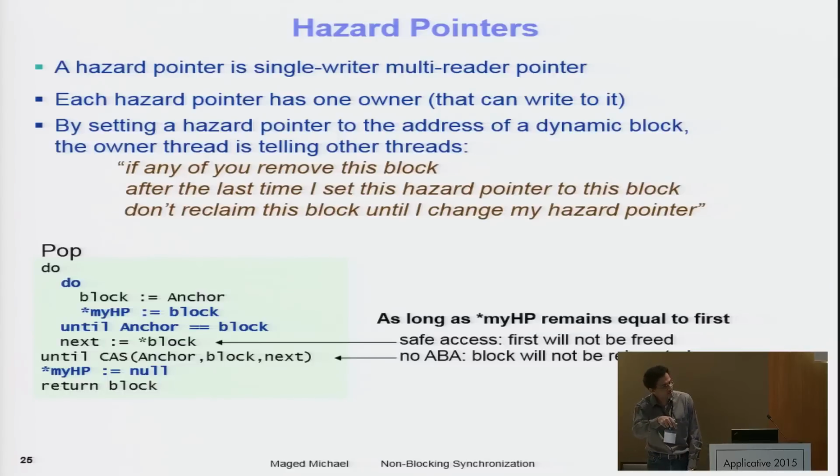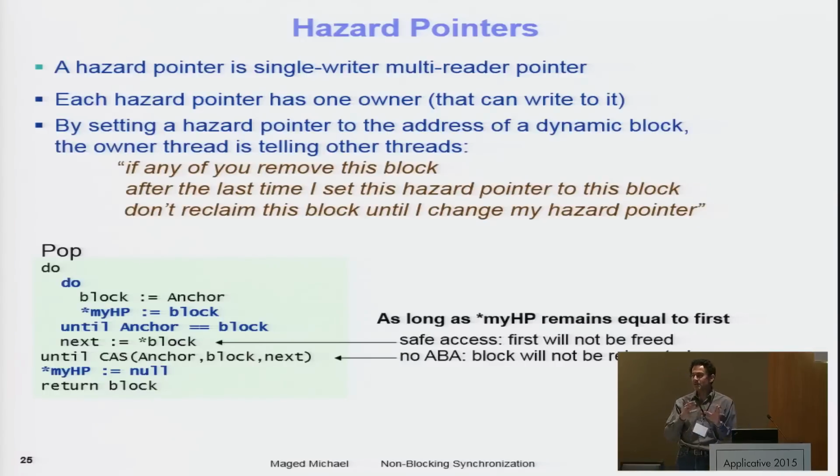But after that, you have to recheck that the anchor still has the value. Why are you doing that? Because what if you set the hazard pointer, but it has already been removed by someone else, and someone else has checked my hazard pointer and found a different value? Then they would be able to free that block. So I check again because I need to make sure that it is there.